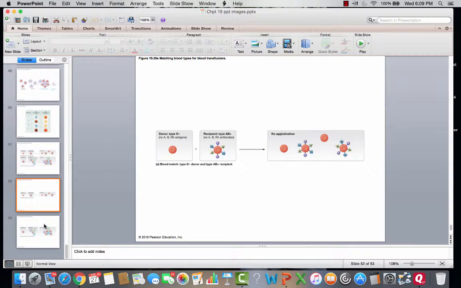Because no matter how hard you try, your blood is going to mix with baby's blood, and baby's blood is going to mix with your blood during childbirth. If you have an Rh negative mother that has Rh positive blood introduced into her system during childbirth, she will produce anti-Rh antibodies.